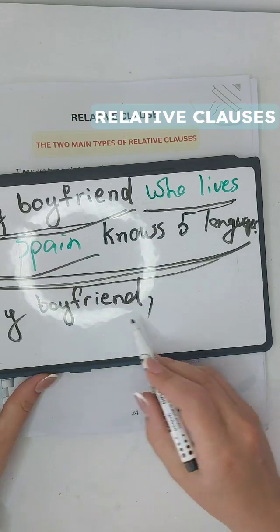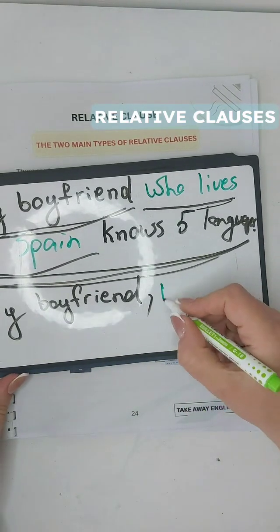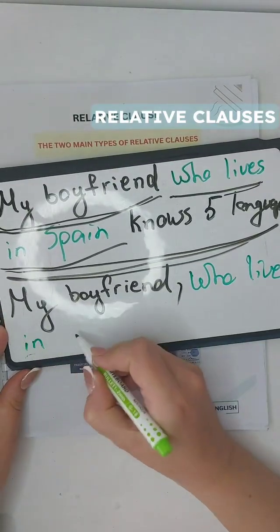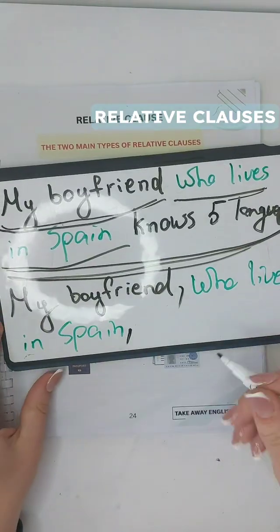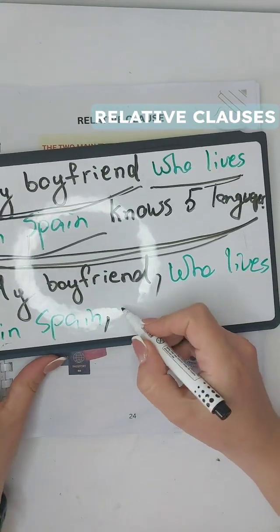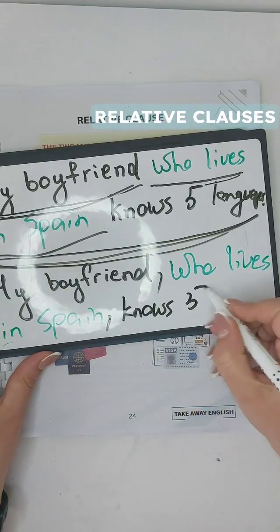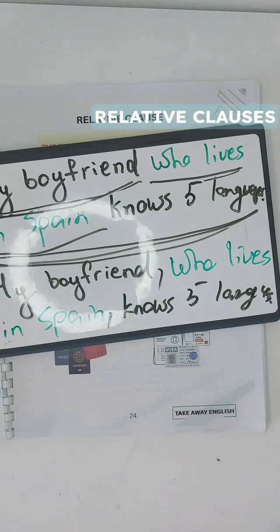Okay, my boyfriend, who lives in Spain, comma, speaks or knows 5 languages.